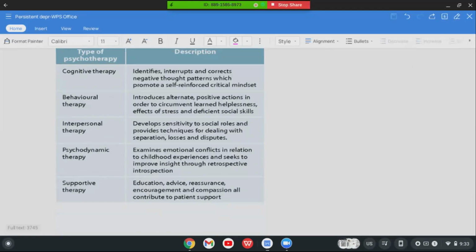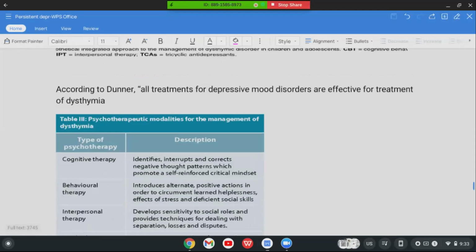Psychodynamic therapy examines emotional conflicts in relation to experiences through retrospective introspection. And last is supportive therapy, where education, advice, reassurance, and compassion all contribute to patient support. So this is the psychotherapy part of the treatment.